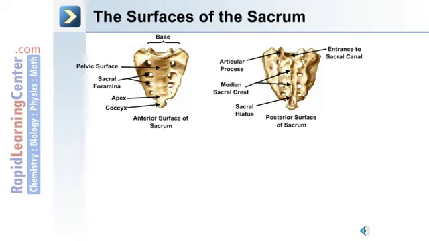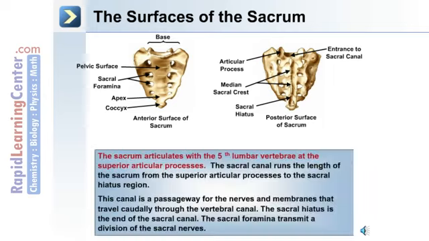The posterior surface has the entrance to the sacral canal as well as the articular processes. There's a median sacral crest and a sacral hiatus. The sacrum articulates with the 5th lumbar vertebrae at the superior articular processes.